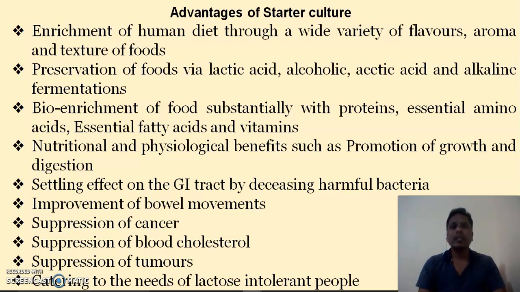For those people, the starter cultures play a very important role, as they cannot convert the lactose into the lactic acid. The starter cultures convert the lactose into lactic acid, and it becomes very easy for them to digest the lactose. So these are a few advantages of the starter culture.